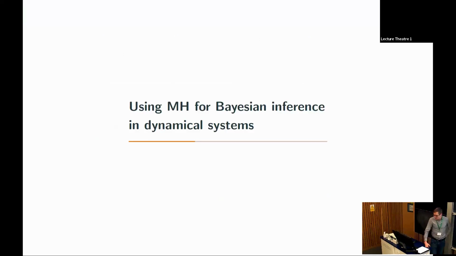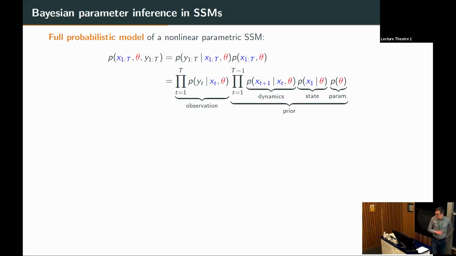Right, so with that background on MCMC, I hope that we are now equipped to see how we can make use of MCMC to solve the parameter inference problem in the state space model. If you recall from the previous slide, we said that the full probabilistic model is essentially just a joint distribution over all the variables of the state space model, both the unknown theta, all the latent states, and all the observations.